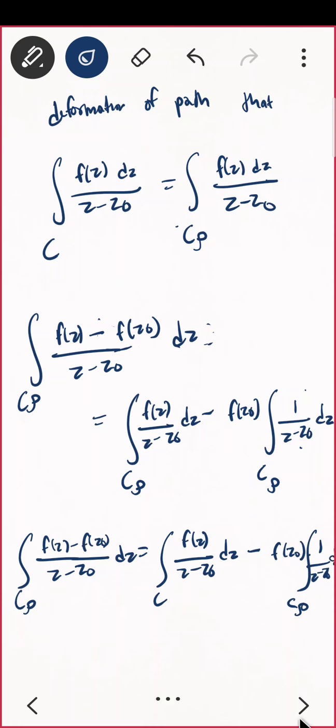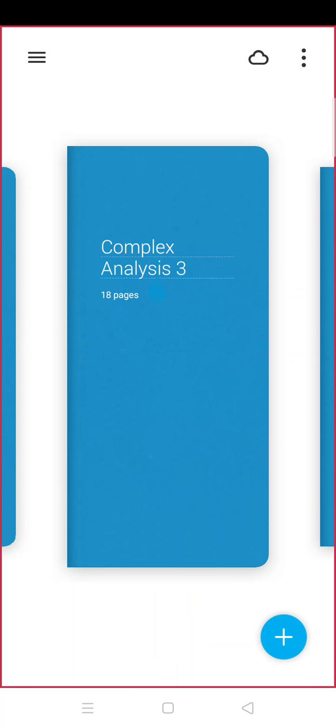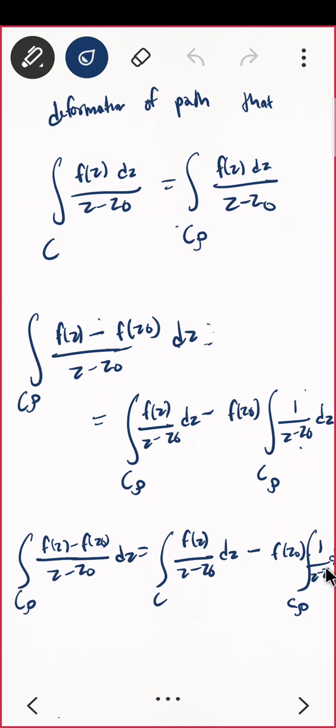Let us do this quickly to solve. Okay. Now what I want to solve is this part, that is the integral of 1 upon z minus z naught dz over 0.